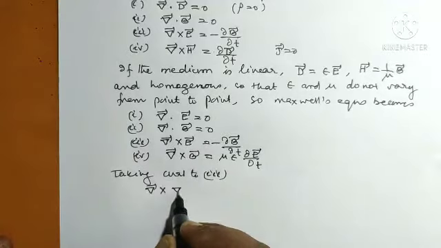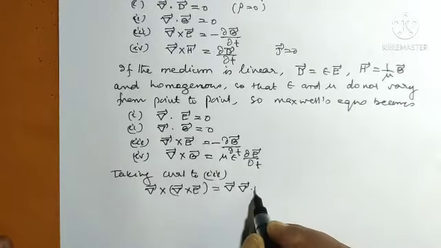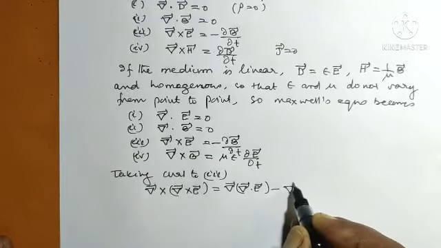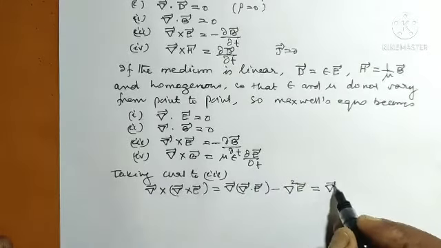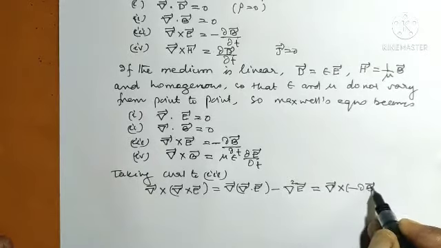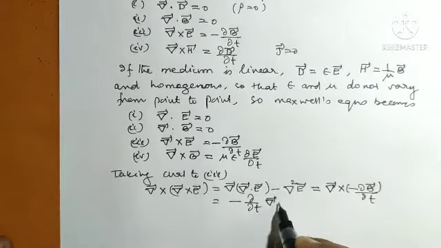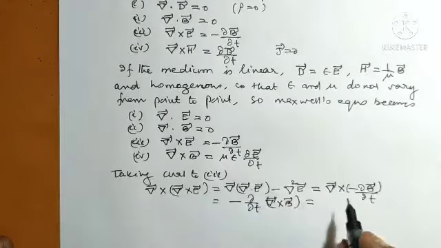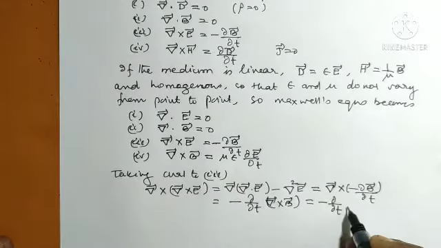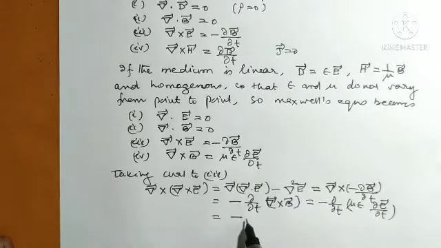So curl of curl E is equal to grad div E minus del square E, which is equal to the curl of minus del B by del t, which is equal to minus del by del t of curl B. And curl B is mu epsilon del E by del t, so minus del by del t of mu epsilon del E by del t, which is equal to minus mu epsilon del square E by del t square.